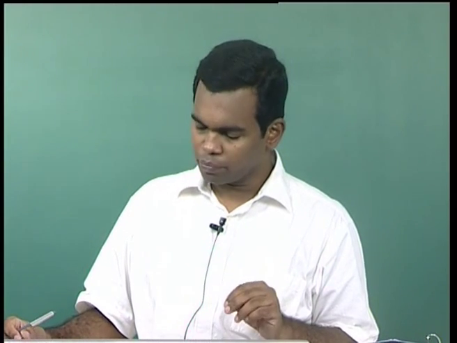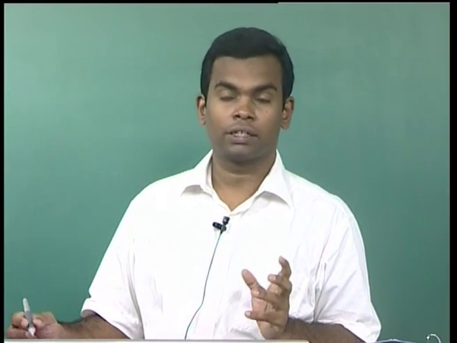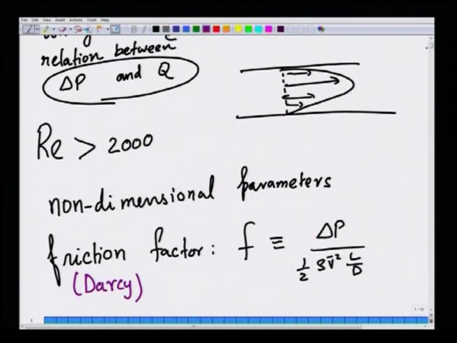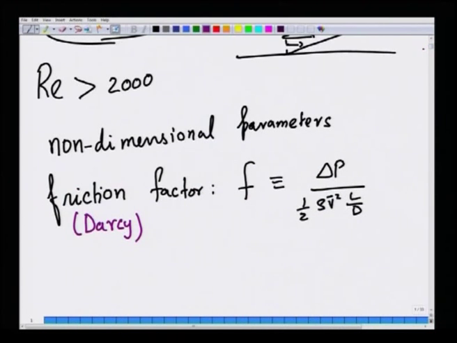So, we have to be a little careful in the definitions, but generally the friction factors are essentially non-dimensional pressure drops across the pipe of length L and diameter D.